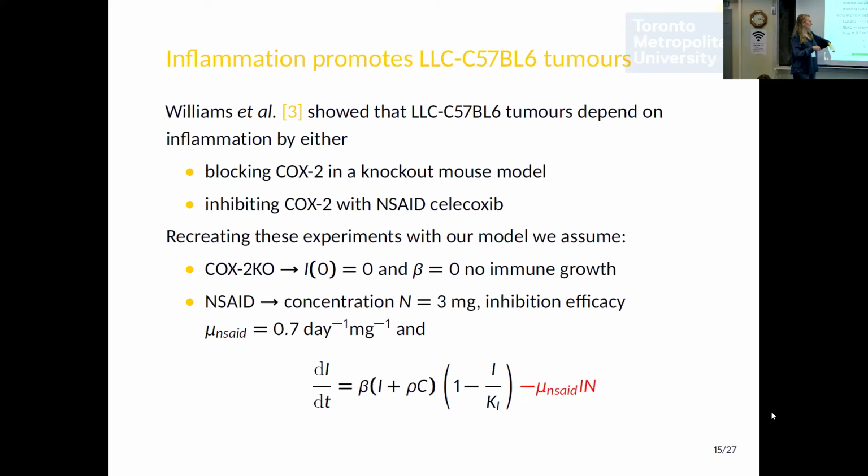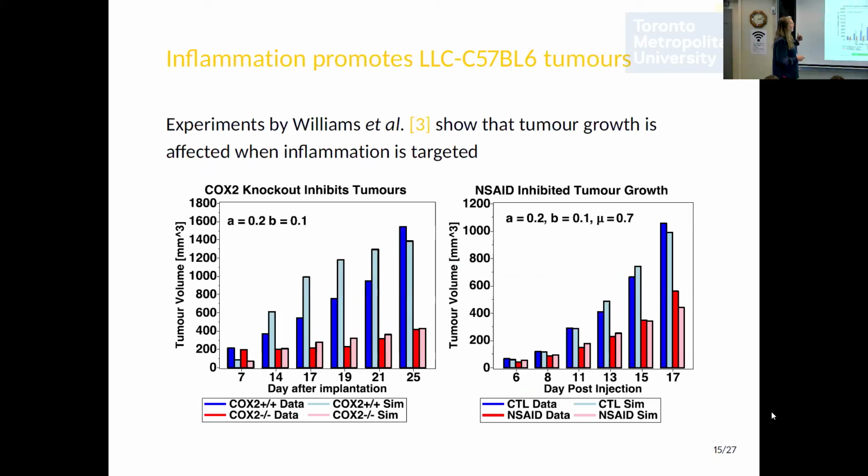If it's an NSAID, then we said, okay, well, you do PK things and you have some injections, etc. And so we modified it by saying the anti-inflammatory will decay our inflammation. And so the data is the dark colors and the simulation is the light colors.